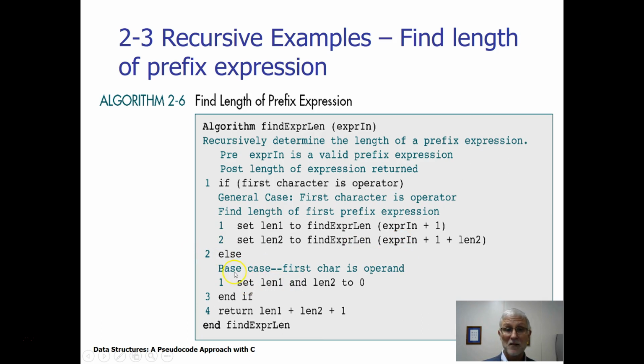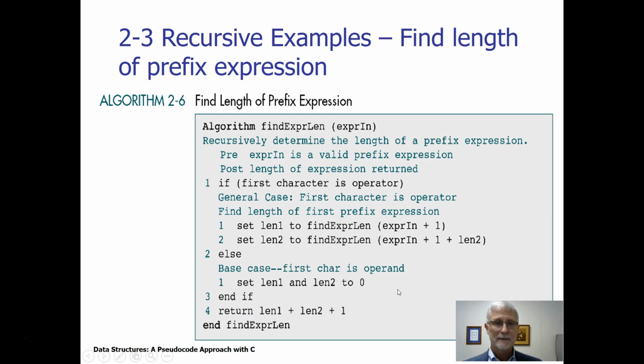Otherwise, here's my base case. If those are equal to 0, I'm done. And then I can return the value. So I'm going to set it to 0. And of course, then return, go on.